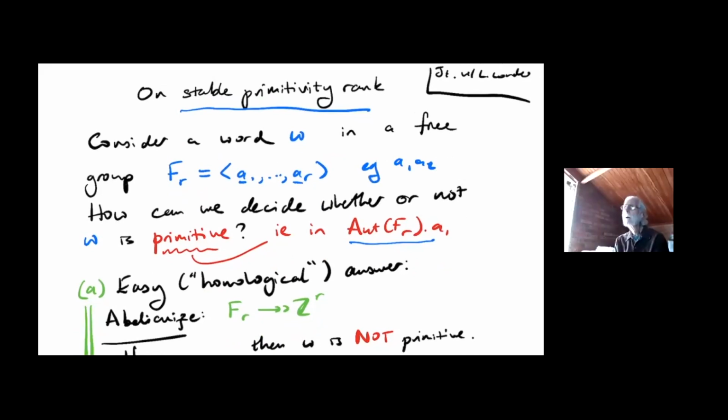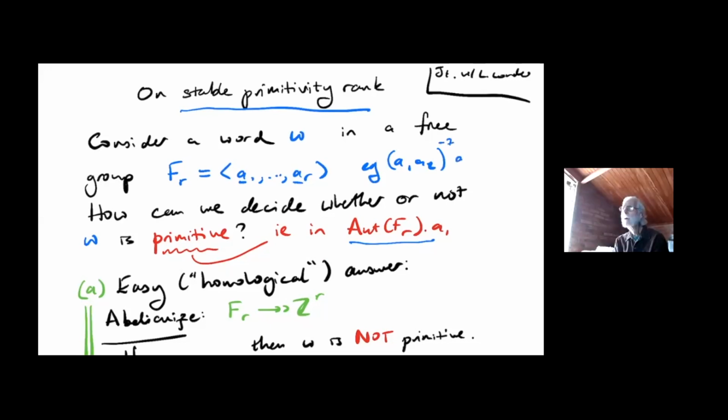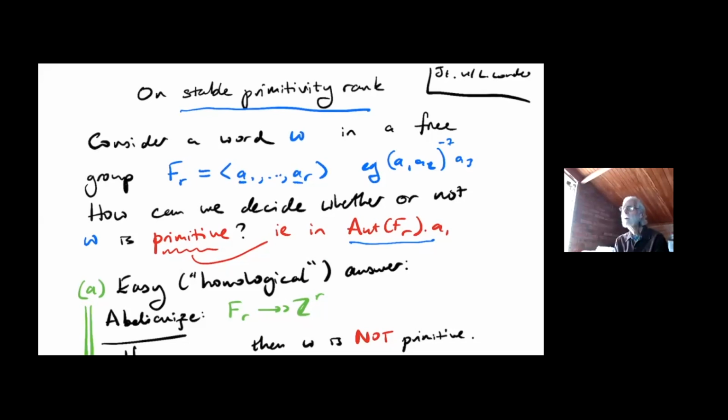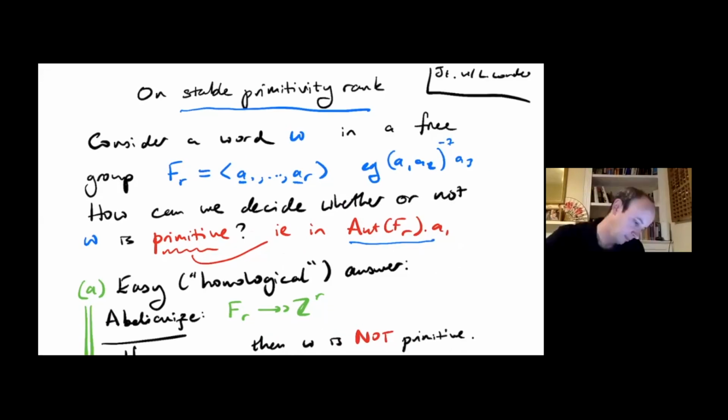And then I could multiply that by this one to the -7 times A3. That's another primitive word. The 7 wasn't important, and so on. So you begin to get the idea, hopefully, that there are a lot of these primitive words, and it's a difficult task in general to decide whether or not the word you're looking at is primitive.